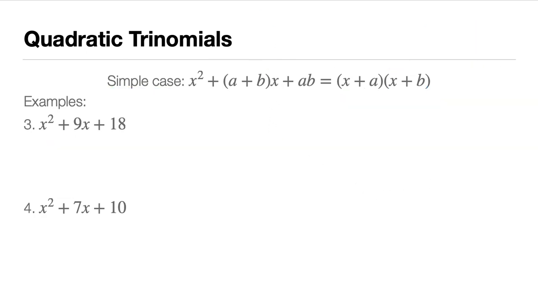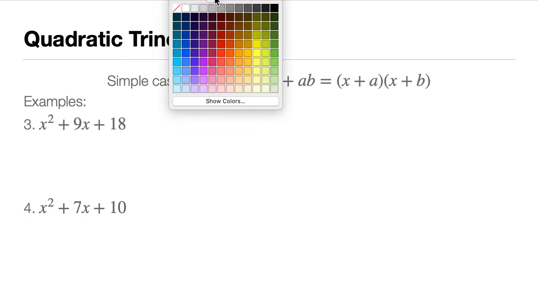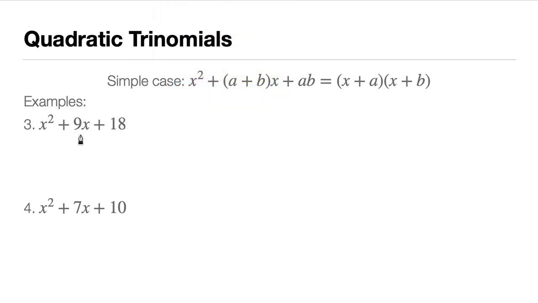Okay, next, for number 3, x squared plus 9x plus 18. So let's ready already these two binomials here. So what are we going to put here and here, so that we have now positive 18? So positive 18 can be a multiplication of two like signed integers, so it could be both positive or both negative.